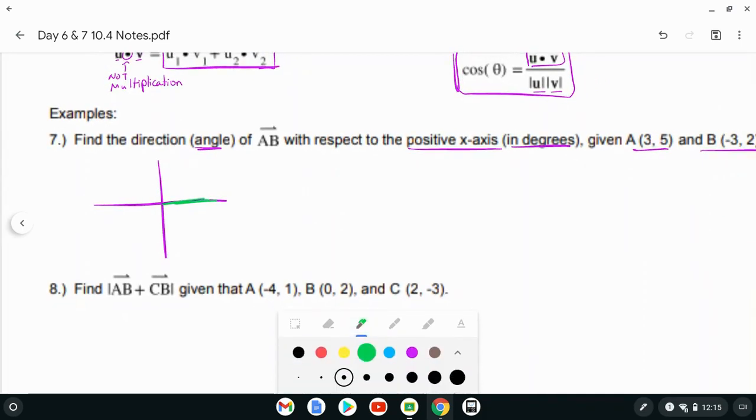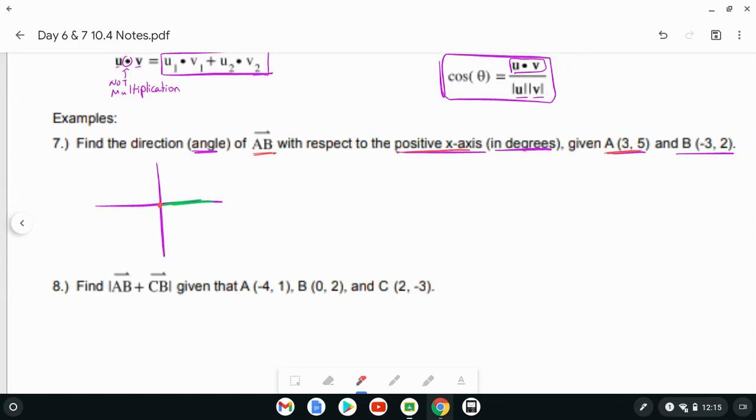Well, it says vector AB with respect to the positive x-axis, so let's just draw the vector with our starting point at the origin, because then wherever the vector goes, we can find that angle between our terminal side and that positive x-axis. So in order to do that, because neither of these points is at the origin, we want to find the component form of this vector.